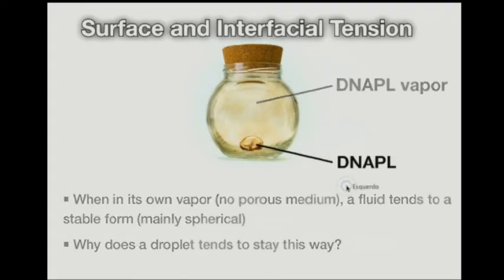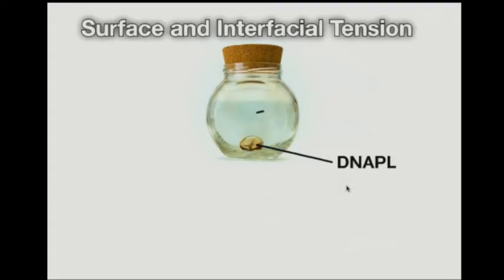Well, let's look at a different situation now. Here we have a droplet of decane, and in our vial, instead of vacuum, now we have water. This decane will have some molecules dissolved in water, forming a dissolved phase, and we have a droplet of decane that tends to stay mainly in a spherical form again.